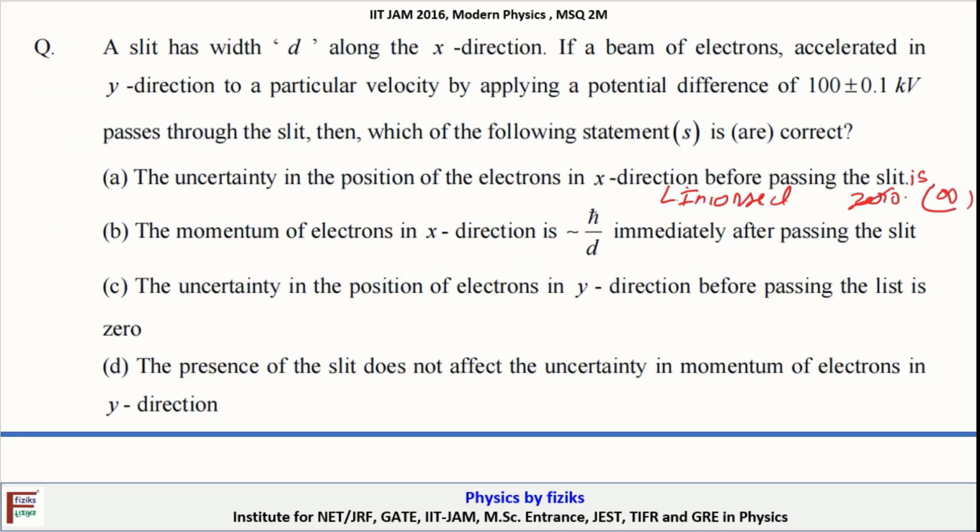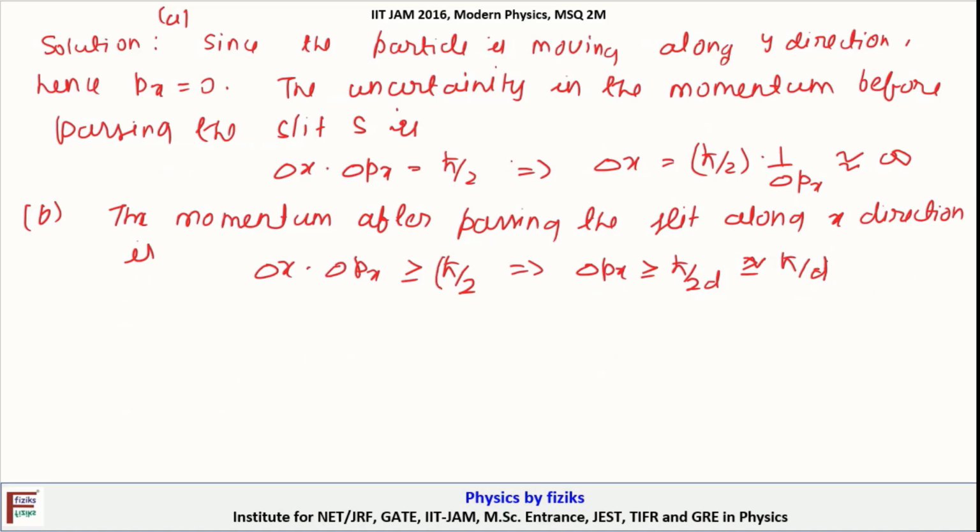So option B is correct. One can take it h cross by 2 or h here, so our result will be of the same order. The condition is that uncertainty should be greater than this, so h cross by d is also possible for this case.